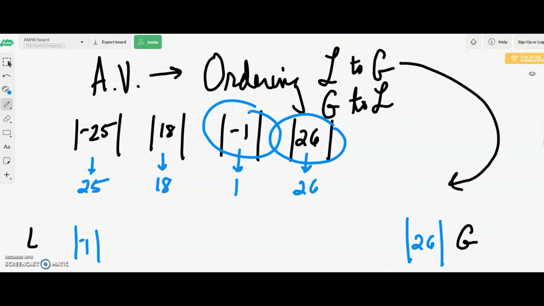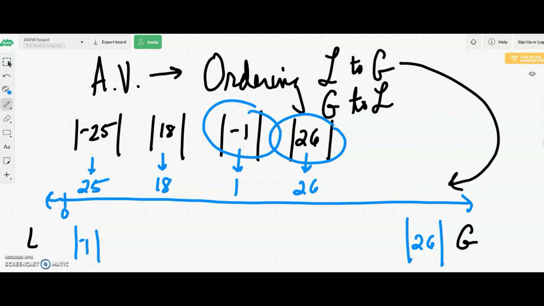Now you have your largest and your smallest. Now let's throw these on a number line. Here's 0. There's your 1. There's your 26, just like when you converted it. And now you say, well, 25 is obviously going to come next.